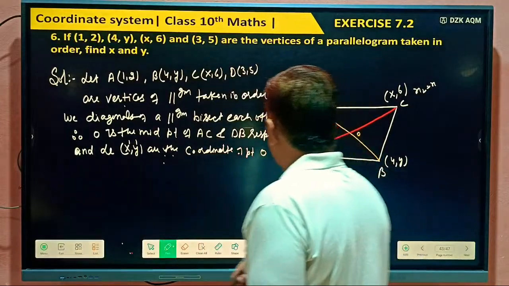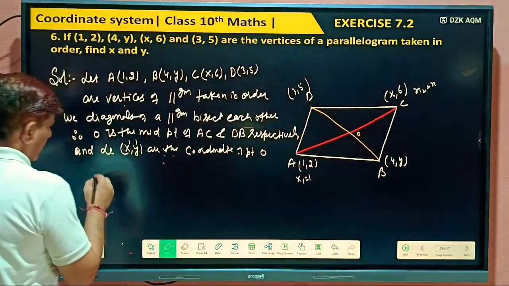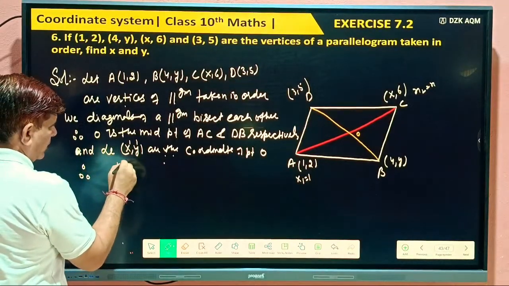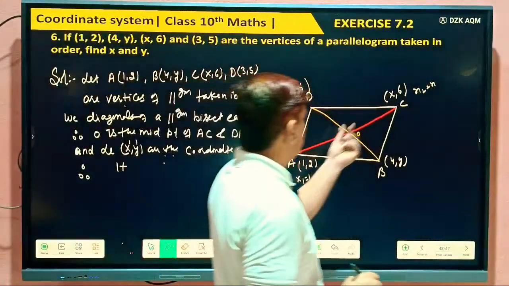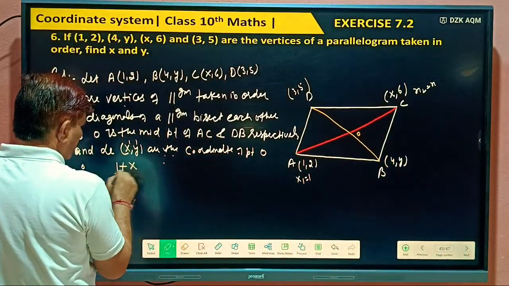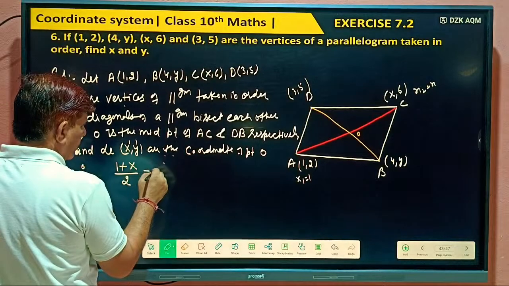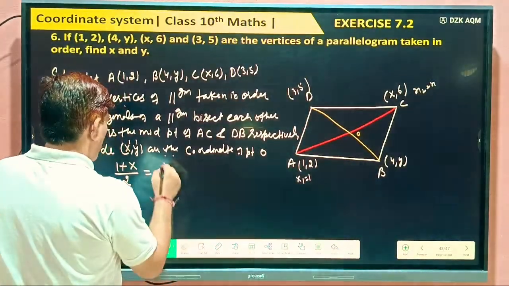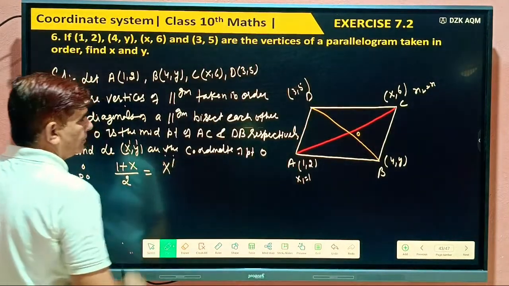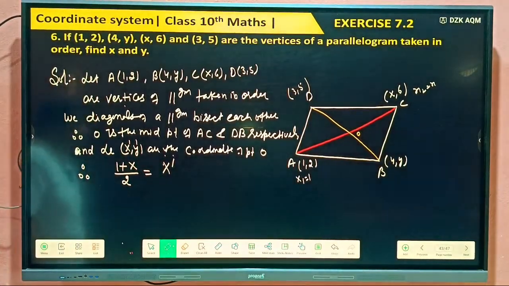So what we can say? Therefore, (1 plus x) by 2 equal to x dash. Understood?